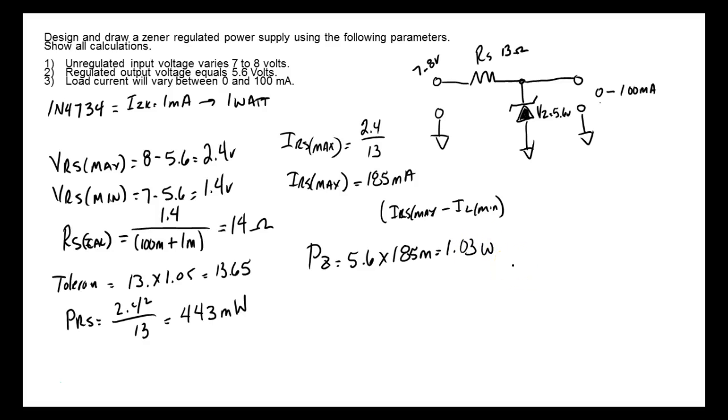So that means we wouldn't use a 1 watt Zener. We'd find another one, right? But we're just doing the math here to understand what's going on. So we'd go and find another Zener. Go to the internet and type 2 watt Zener, right?